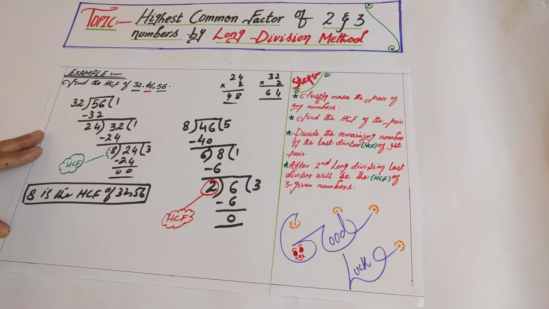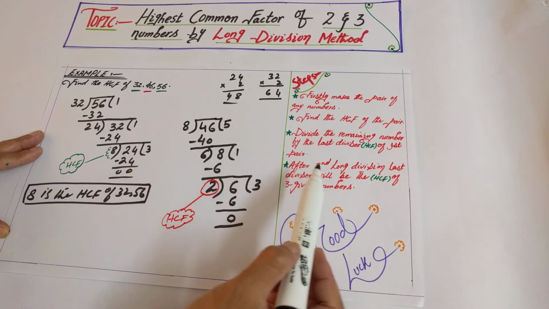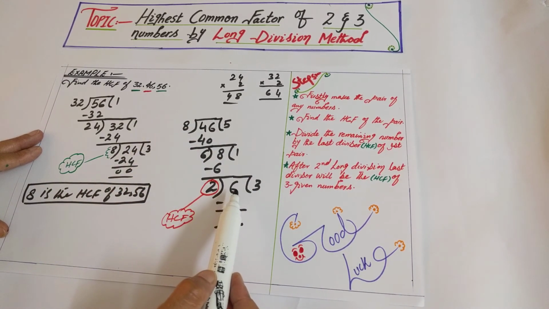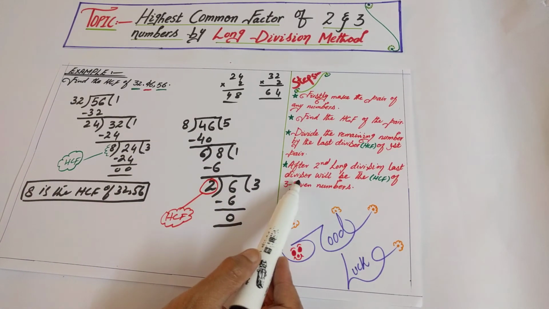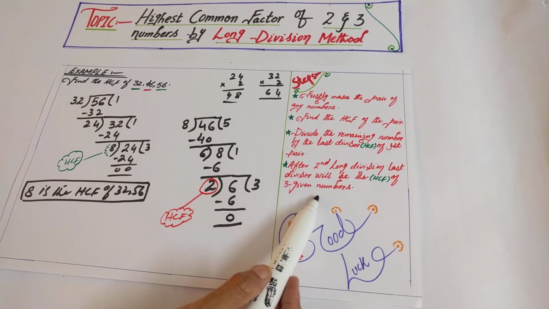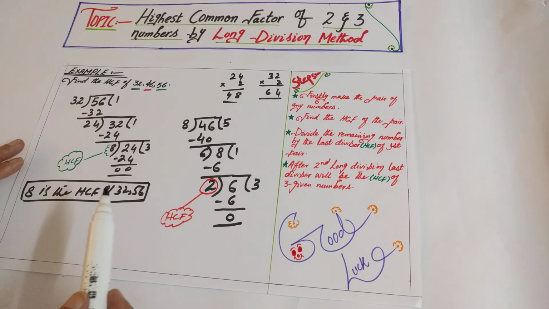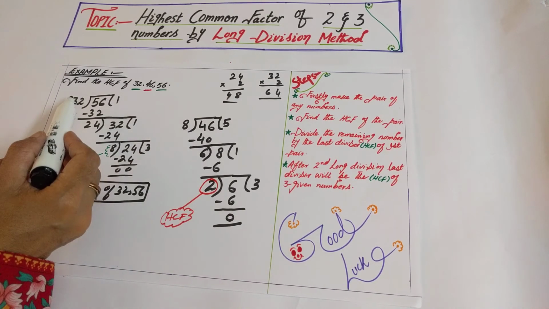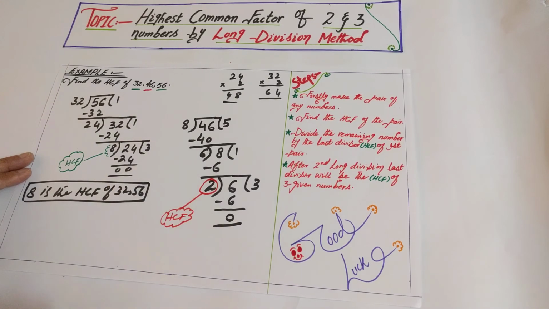Now 2 is the HCF. What is the last step? After the second long division, this last divisor will be the HCF of all these three given numbers. As I told you, 8 is the HCF only for 32 and 56.